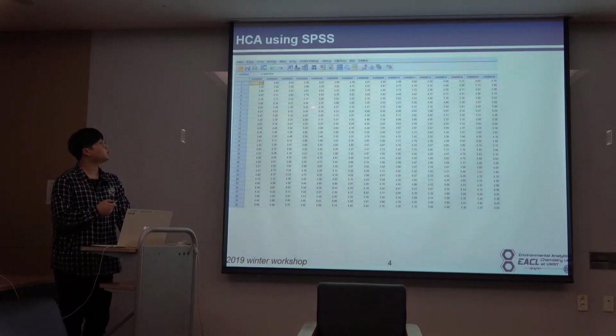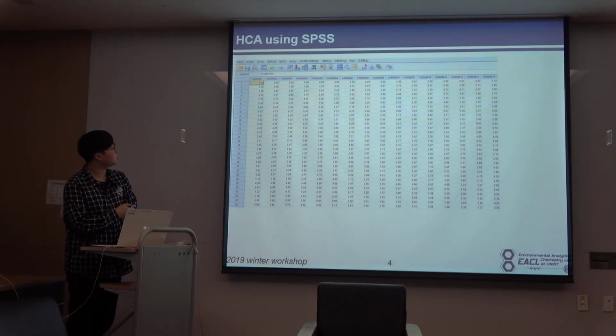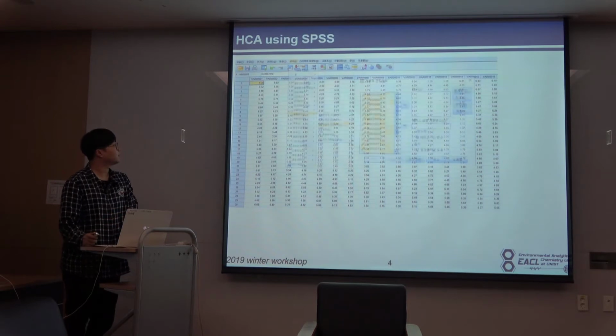The first is SPSS. So this data set means our preferred correlated compounds in the same group. The sample number is 16 and the compound number is almost 100.